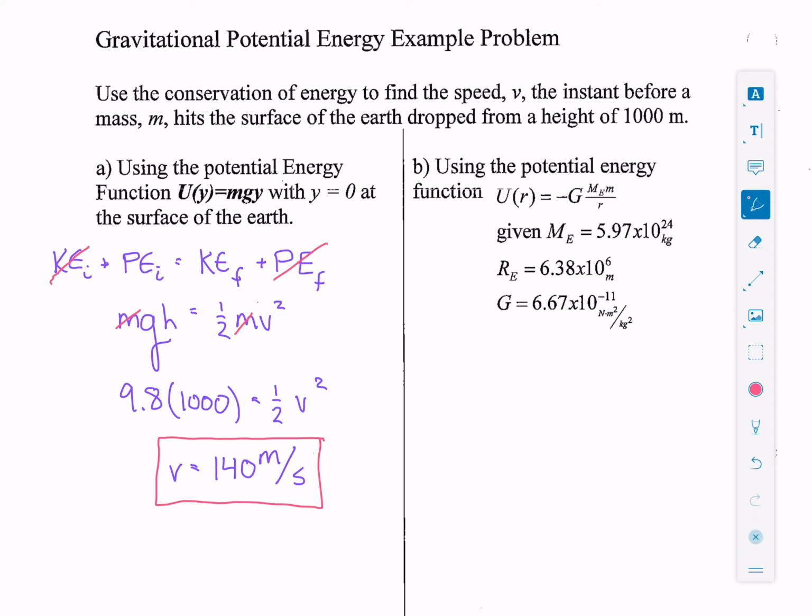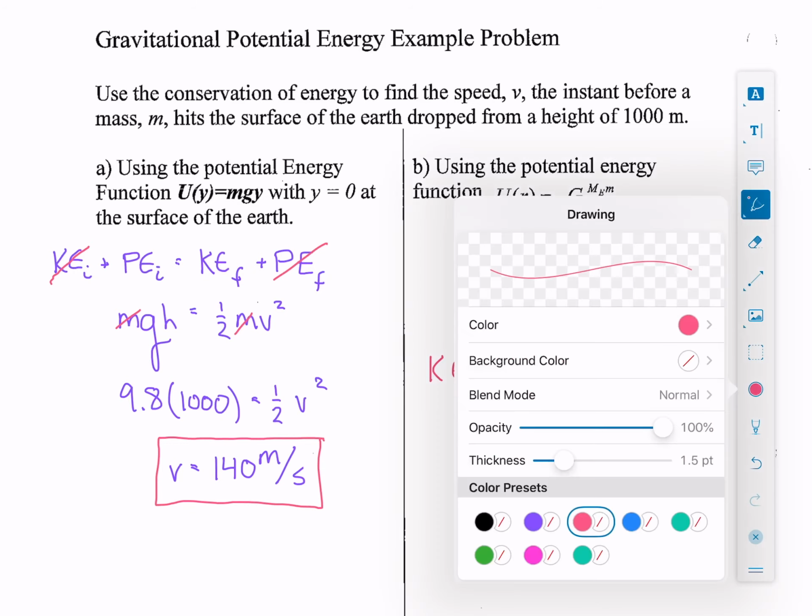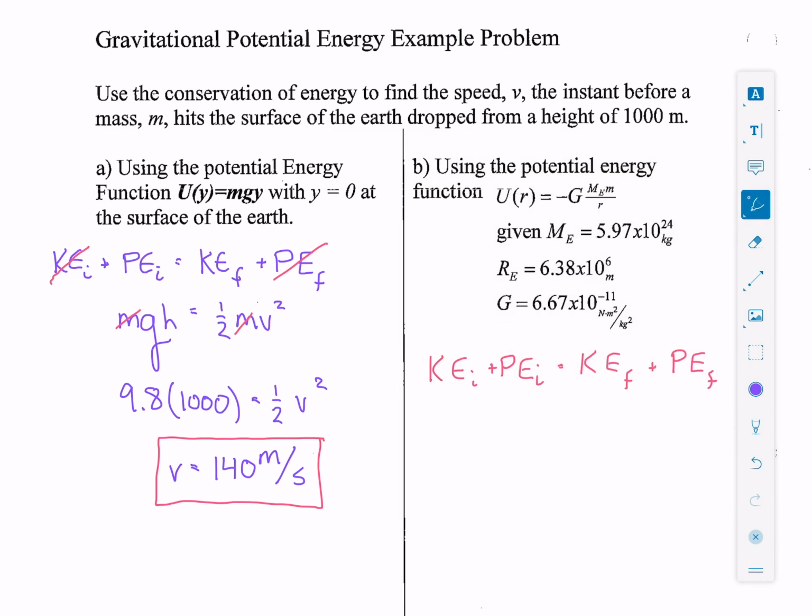So we're going to use our gravitational potential energy, negative G, mass of the Earth, mass of the object, over r. We're going to start setting up the same way. Kinetic energy initial plus potential energy initial is going to equal kinetic energy final plus potential energy final. But what are we going to cross off here?